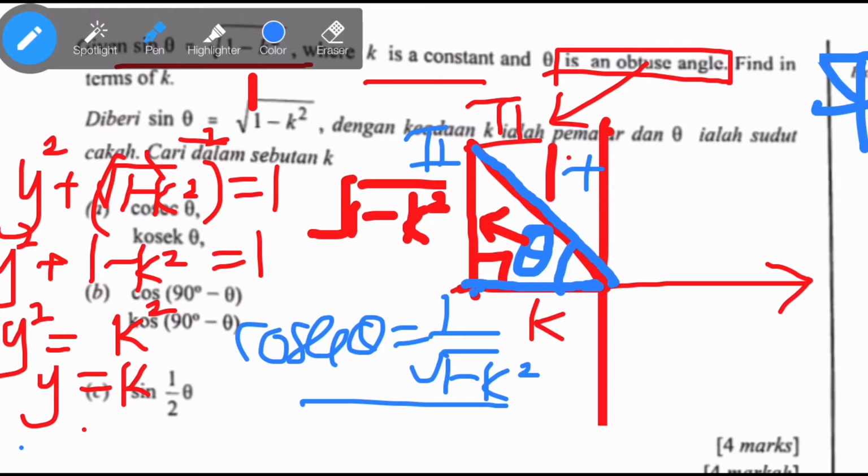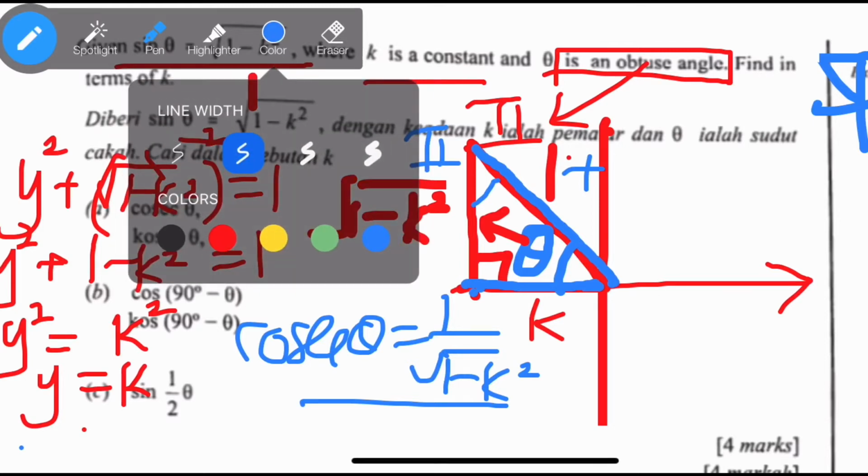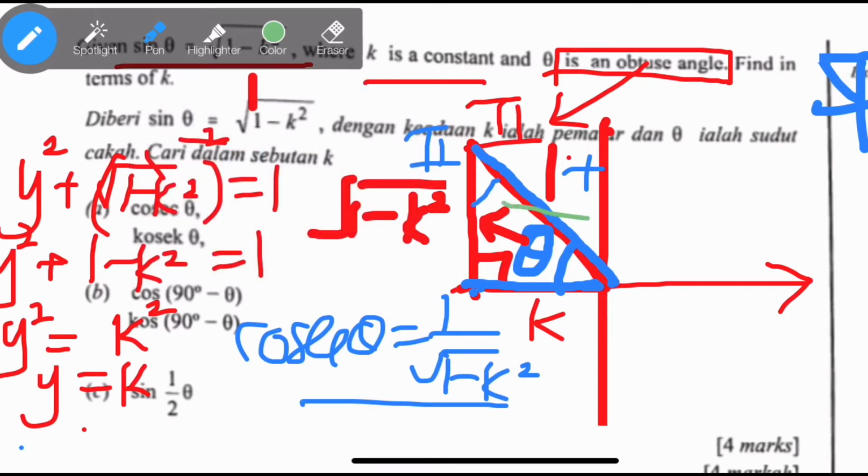How about cos of 90 minus theta? We can focus on the right angle triangle. We have another angle, and theta plus that angle should be 90.